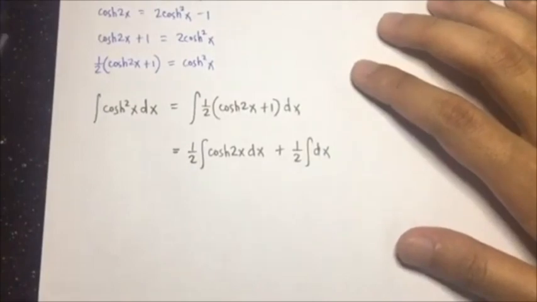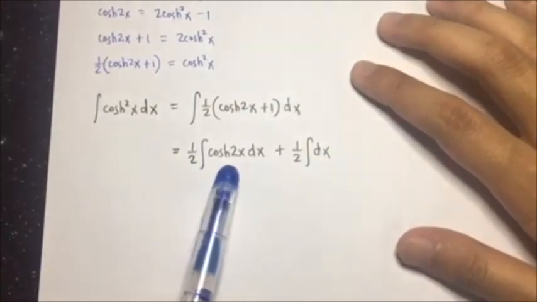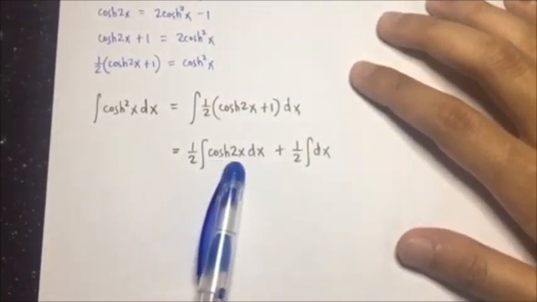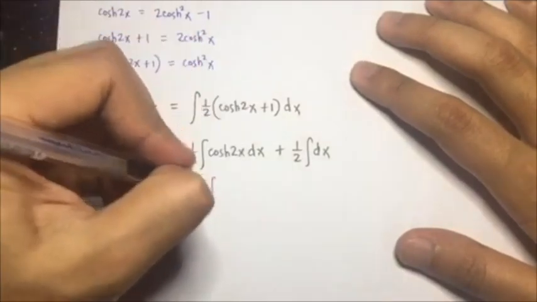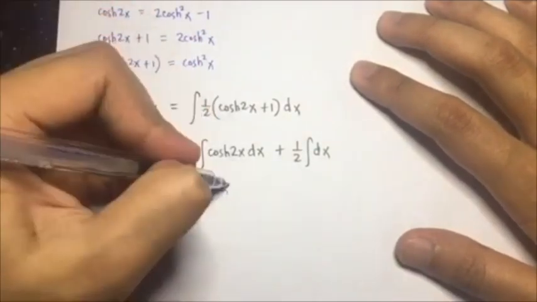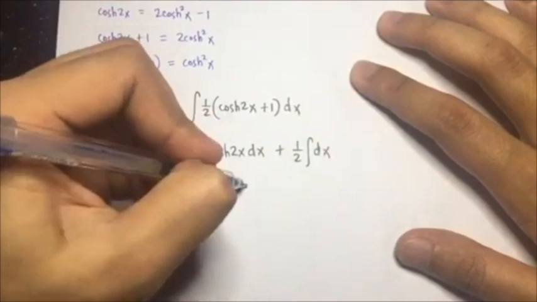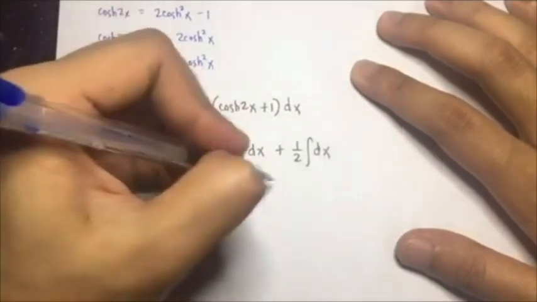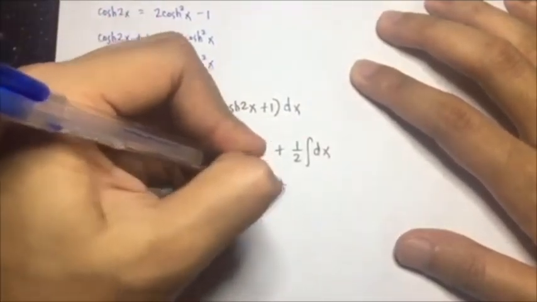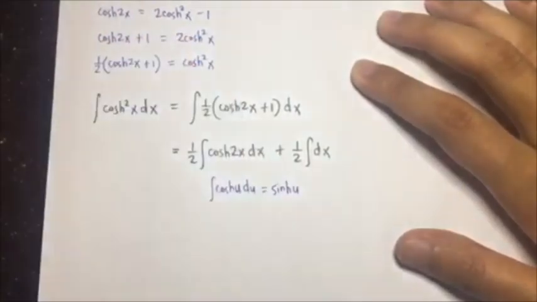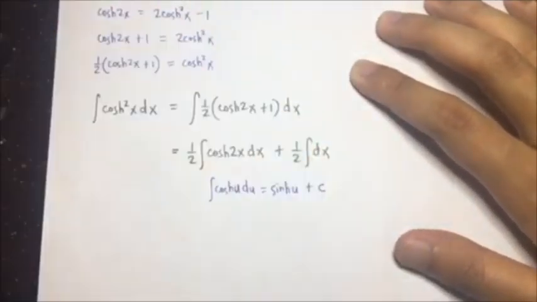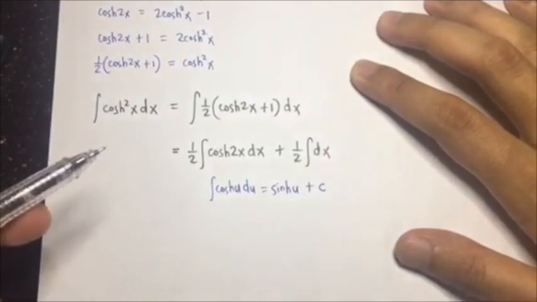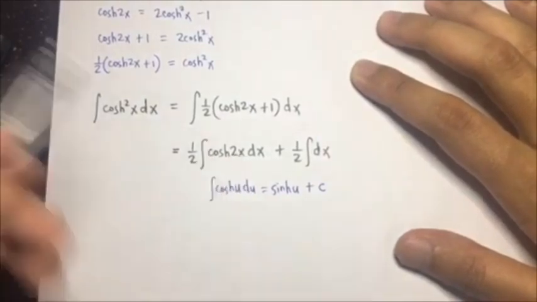Okay, take note of the integral of hyperbolic cosine. The integral of hyperbolic cosine of u du is equal to hyperbolic sine of u plus c. Our u here is 2x.